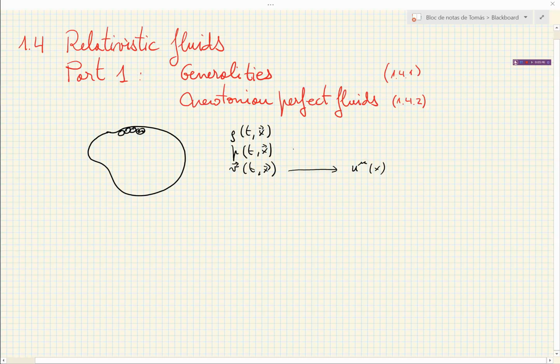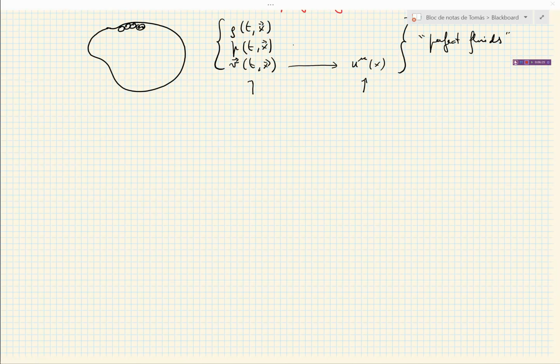We can study them in the context of Newtonian physics or relativistic physics. So we are going to start with the Newtonian case. Newtonian perfect fluids.